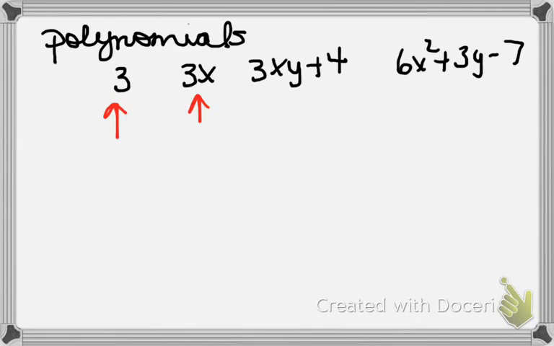And so this right here is also a polynomial. This is called a binomial because we have two terms here. Remember, a term is separated by a plus or minus, and so this is a monomial and another monomial, and together they make a binomial.